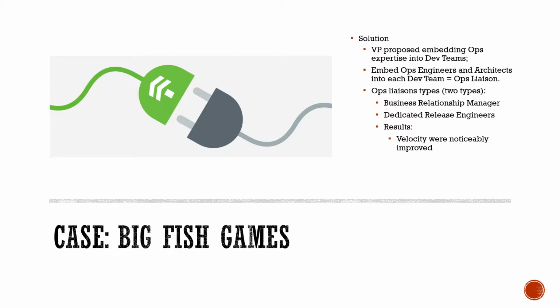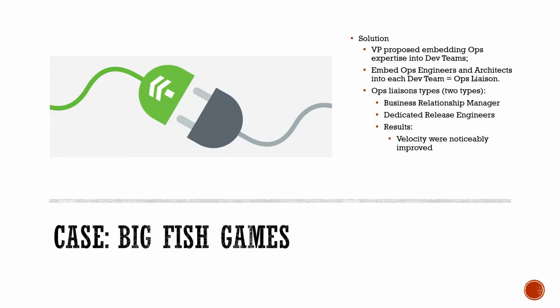The vice president of IT operations proposed embedding ops expertise into dev teams. The process was called Ops Liaisons. He did so by classifying Ops Liaisons into two different categories.